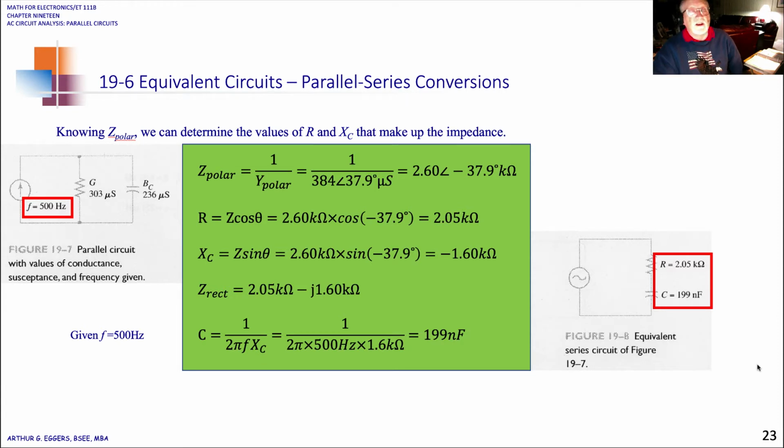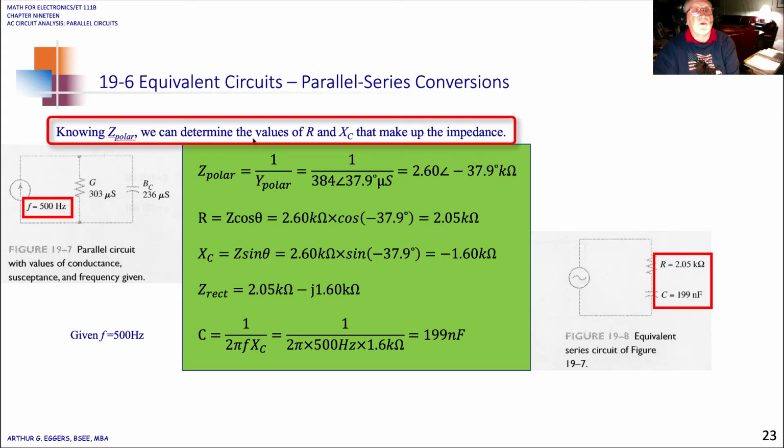I hope you're seeing here now, as I promised you, you're building your tool chest of the things that you need to do the analysis based on those first few chapters in the textbook. Those math principles are becoming very important now that you understand why we're doing them the way we do. So in this case, knowing the polar impedance, we can determine the values of R and the capacitive reactance, X sub C, that make up the impedance.